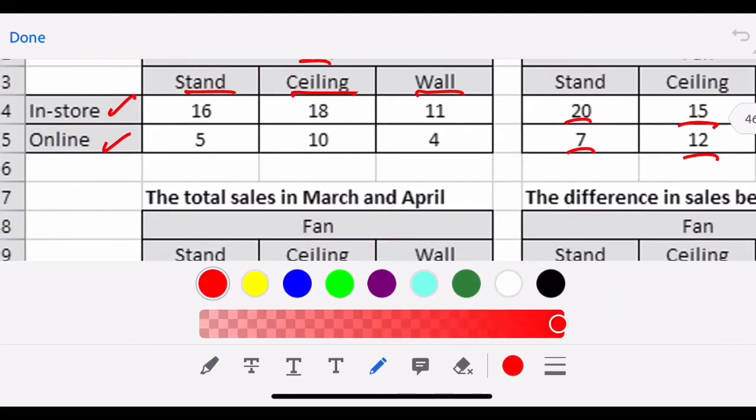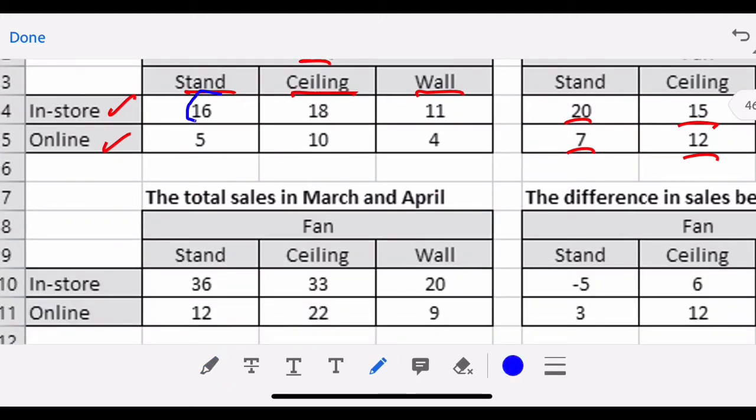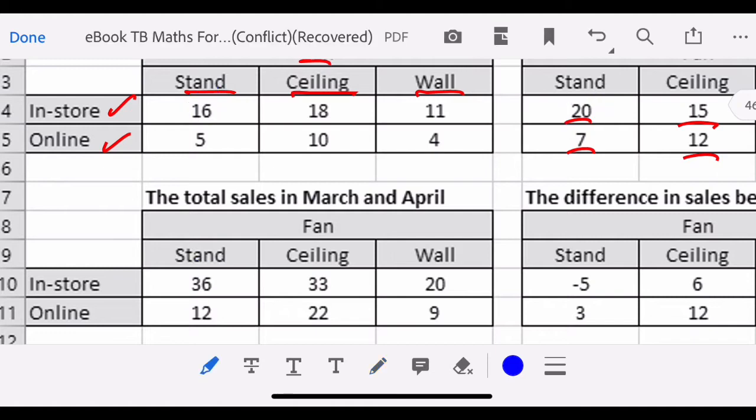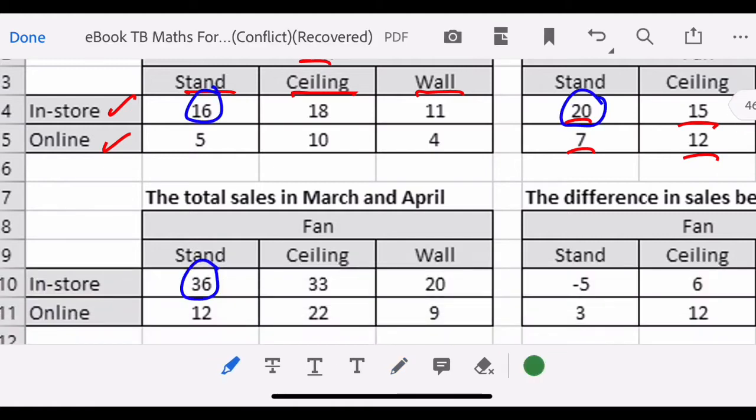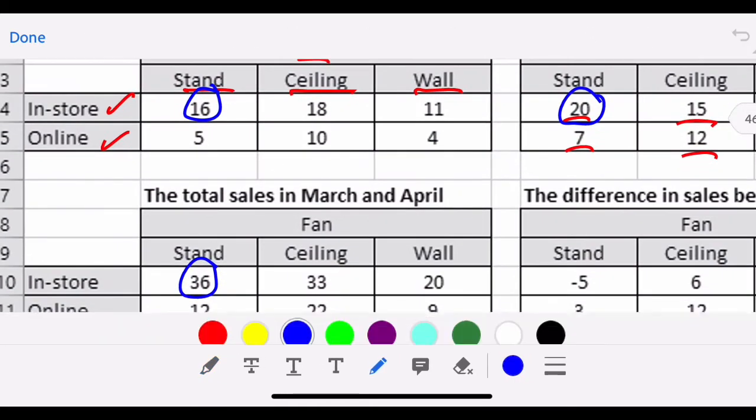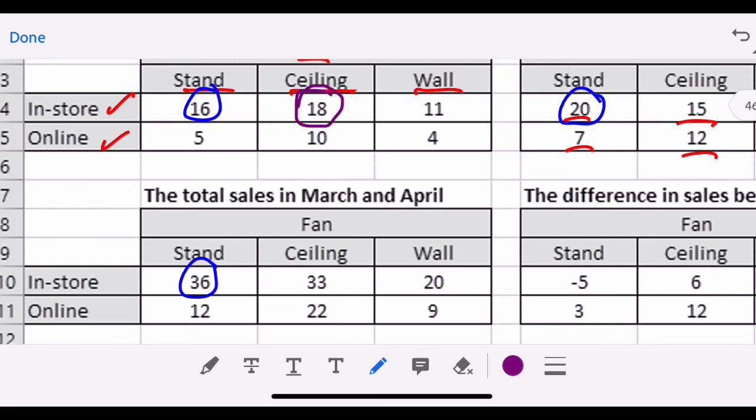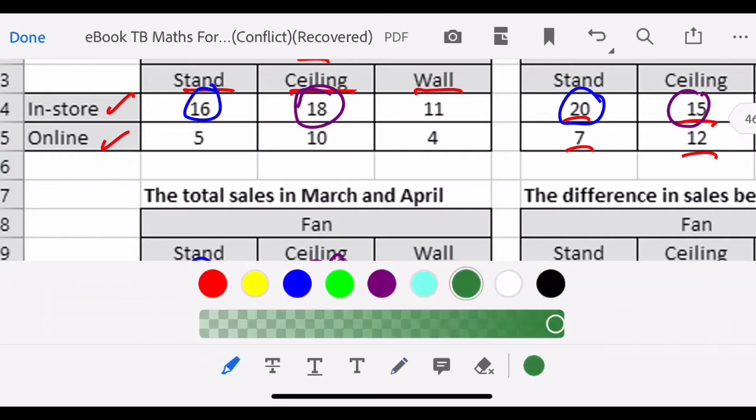We will just plus according to stand fan and stand fan. 16 plus 20, we got 36, right? Okay, we can just add them. And let's say for ceiling, we use the purple one to identify. Ceiling got 18 plus 15, 33, right? So we plus the 2. And finally, we plus the wall fan.